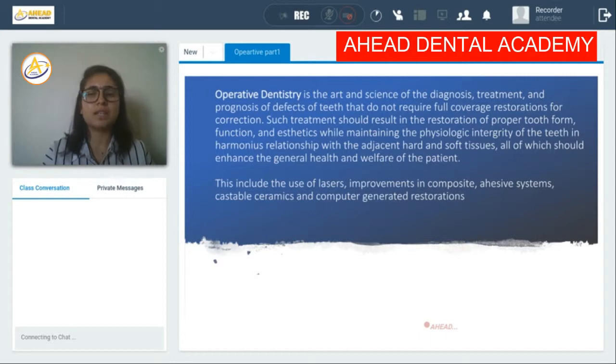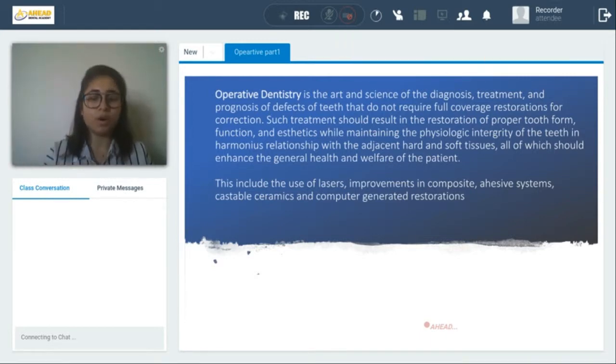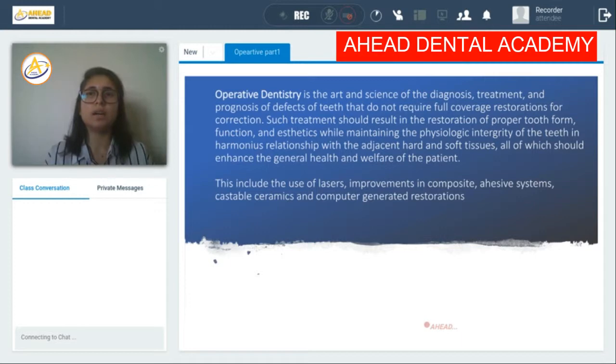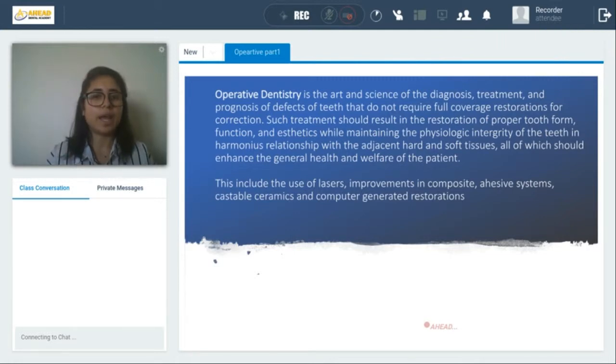So these are the basic things that we've been studying for 5 years of our BDS degree, that we restore a tooth so that it maintains the integrity of the tooth itself and also the integrity of the adjacent hard and soft tissues, that is the gingiva and the alveolar bone. So the restoration should enhance the general health and welfare of the patient.